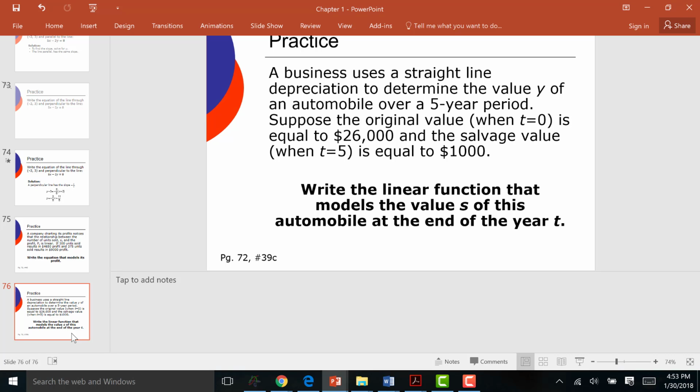Alrighty, you good so far? Do I need to plug in my slope? What was my slope? Negative 5,000. So I'm going to put a negative 5,000 right there. There's my parentheses, X. Alrighty, I put in my slope and my point. Let's solve and get Y by itself.